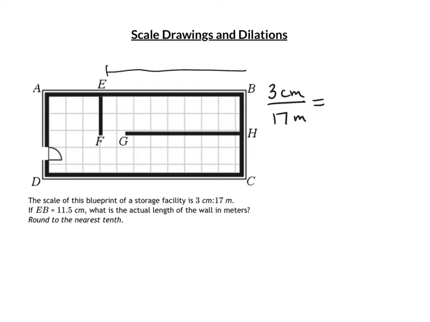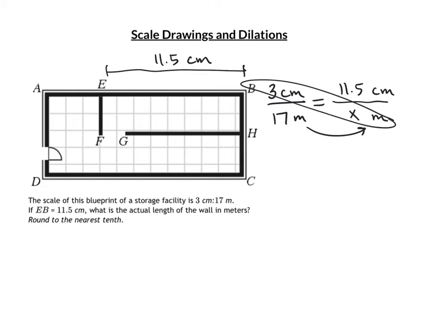EB, that's this length here, is 11.5 centimeters on the blueprint. These are similar shapes. 11.5. Make sure you put the units in the same position. The x then will be in meters.